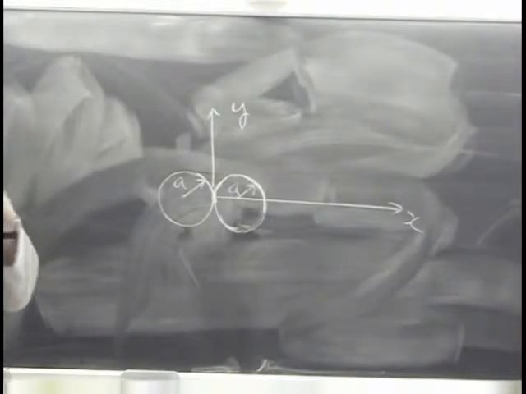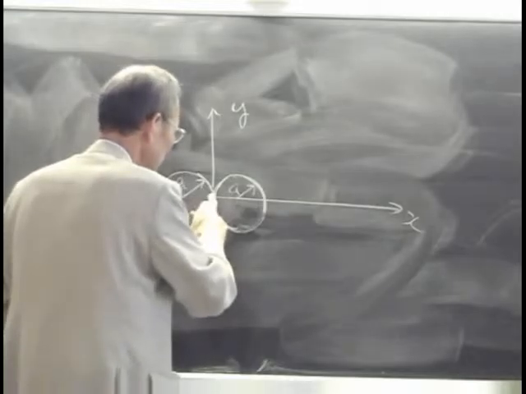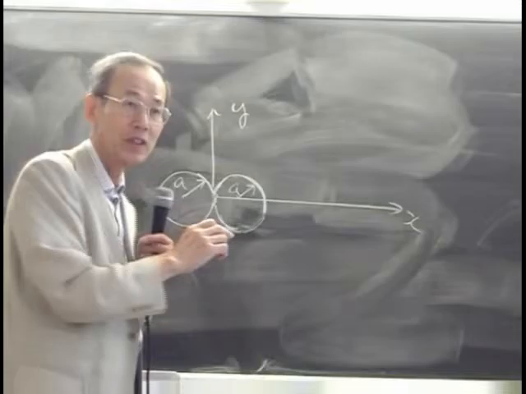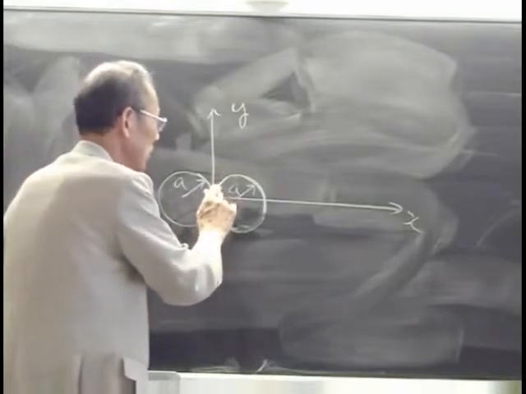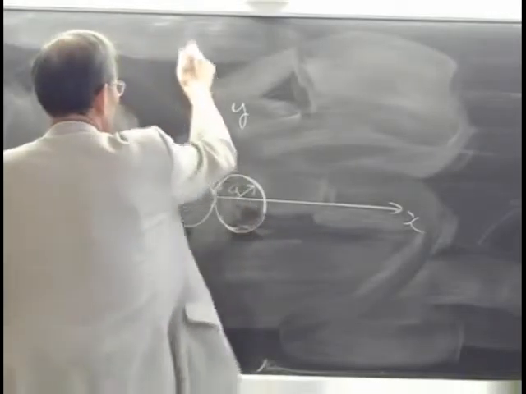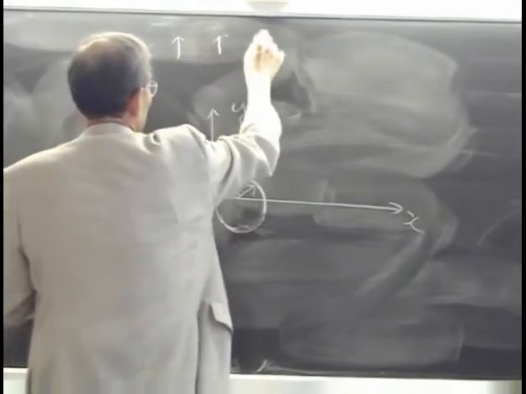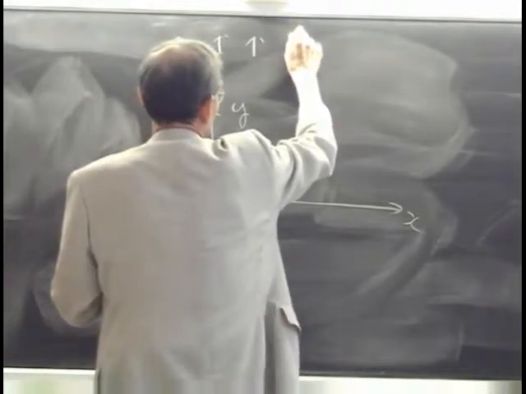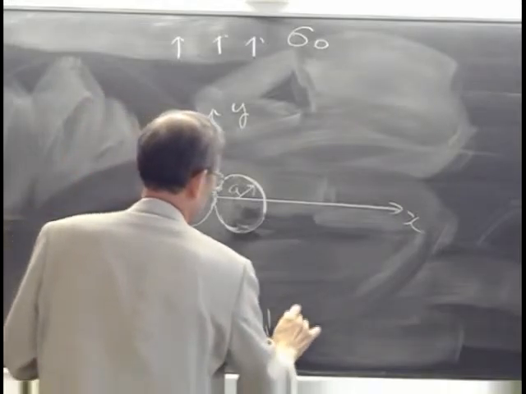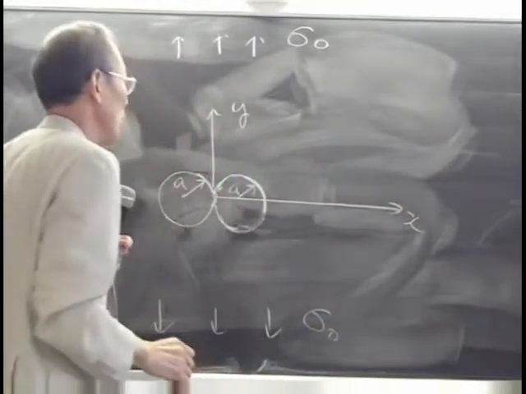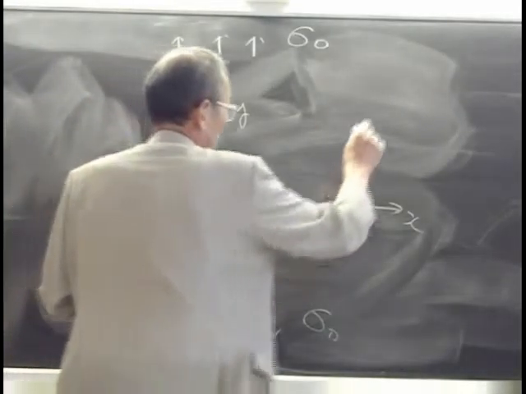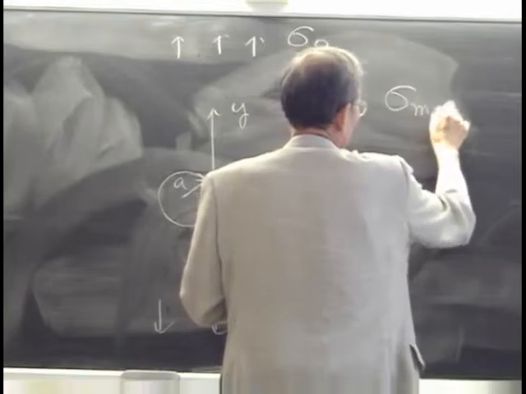Almost in contact. That means here you may assume this is already broken. And these are 2 circular holes. And here we have sigma 0, a remote stress in the y direction. And in this case, what is the maximum stress?